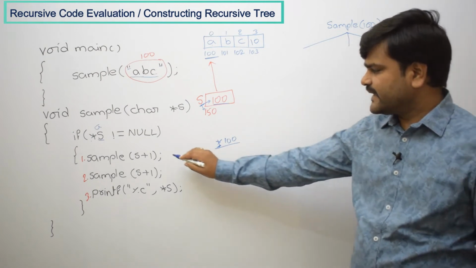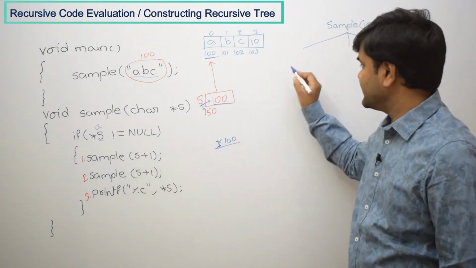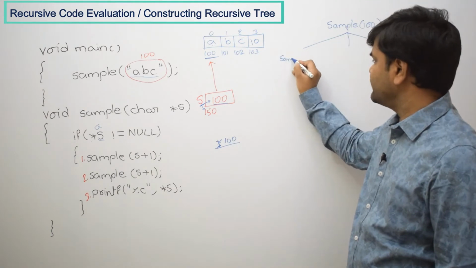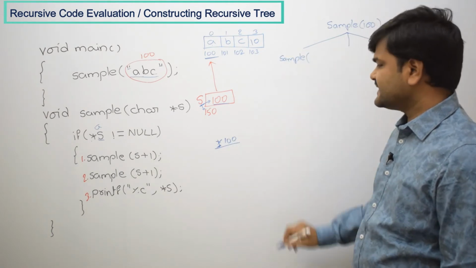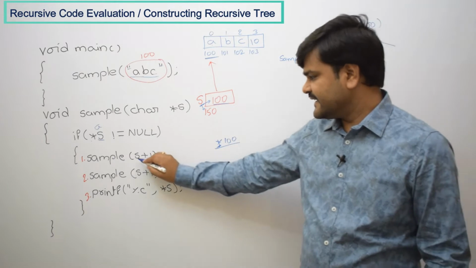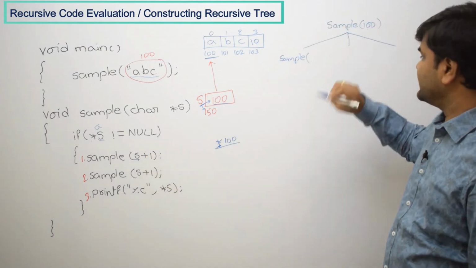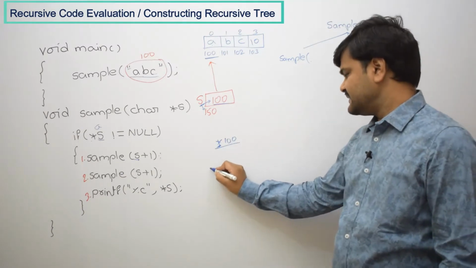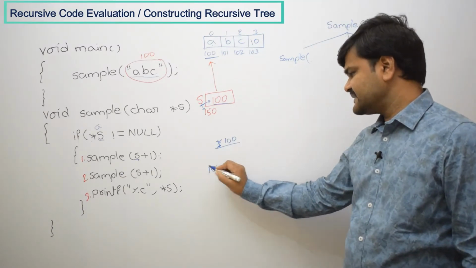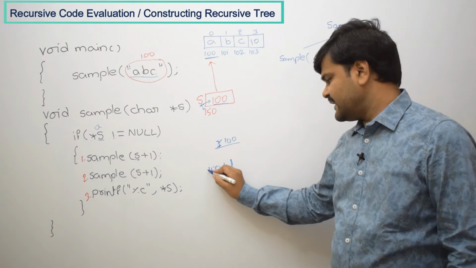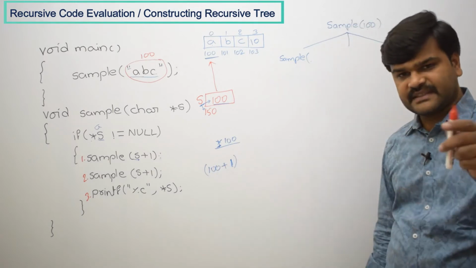Now the first statement we have to execute. What is the first statement? Again a recursive call, sample S plus 1. What is the current S? Current S is 100, so 100 plus 1. We also discussed this part in some other videos.